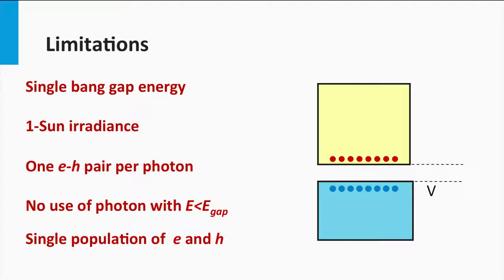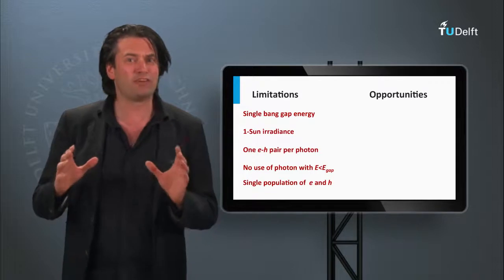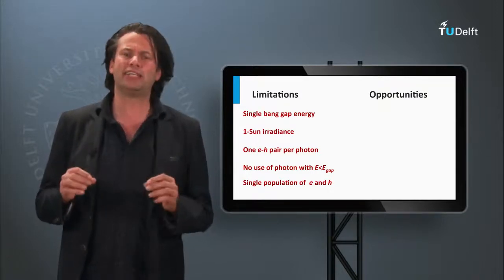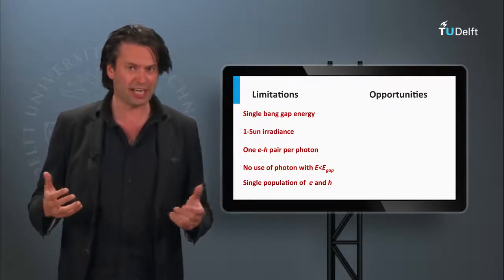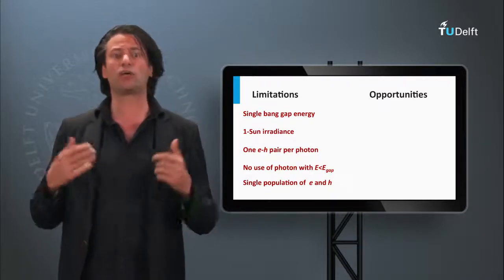The potential difference between the charge carriers right after the excitation is not utilized. In addition, in the band gap are no states, so the light below the bandgap does not excite any charge carriers. Tackling these fundamental limitations means that we can develop PV concepts with conversion efficiencies that can surpass the Shockley-Queisser limit.